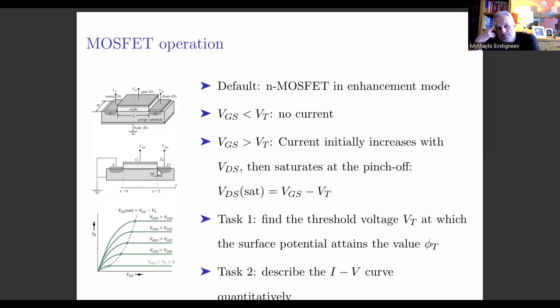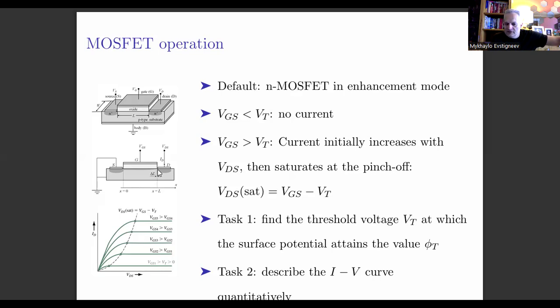Now, let me give you just a simple argument. So let's say the threshold voltage has the value of 1 volt, provided that the semiconductor is grounded and the value of the surface potential is 0, right? So you need to apply 1 volt to the gate.